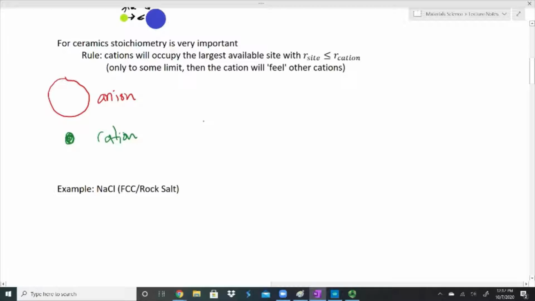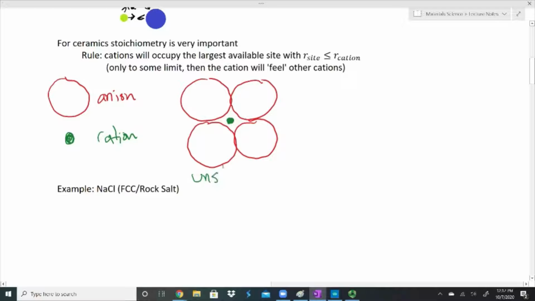Keep hitting the wrong button here. All right, I'm going to actually draw my anions first to make sure that this works the way I want. So here are my anions, and if I were to put a cation in here, and it was too small, it wouldn't quite fit in here, we would say that this is unstable.